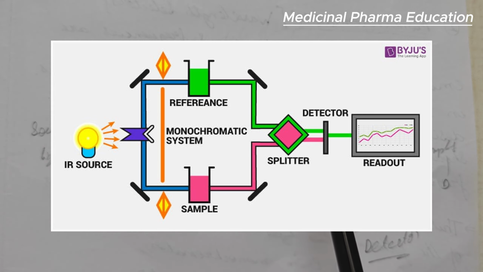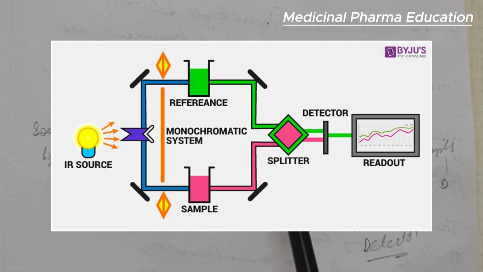It falls on the reference above and the sample below. There are two detectors that detect the standard response and the sample response. By comparing them, we analyze the sample using the standard or reference values. The readings go to the amplifier, where they are amplified, and then reach the recorder or displayer. That's it, this is a simple double beam spectrometer.